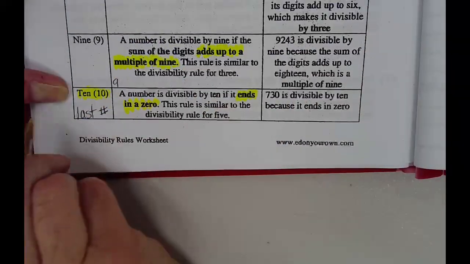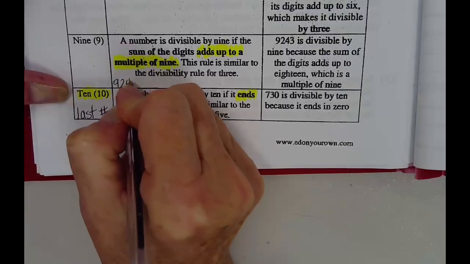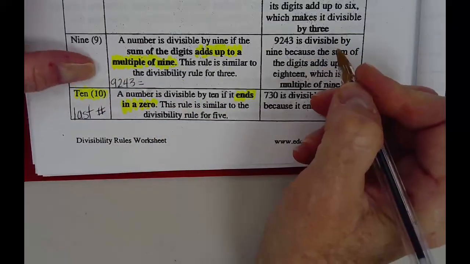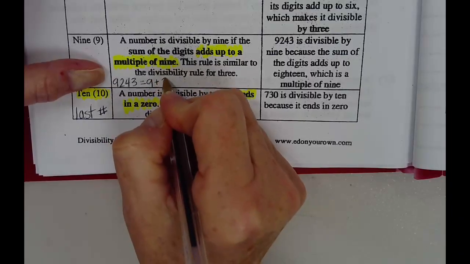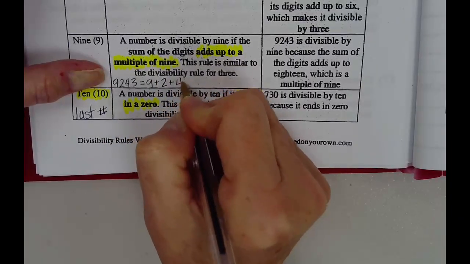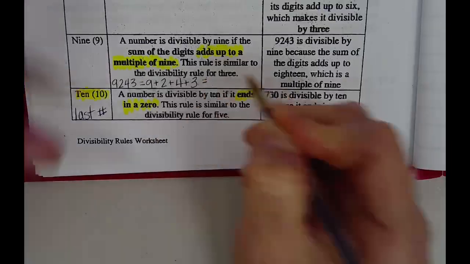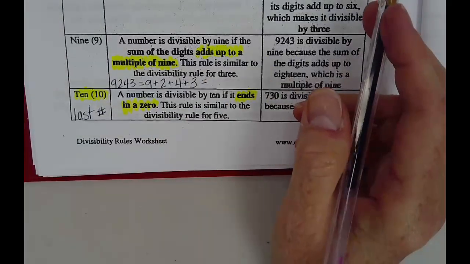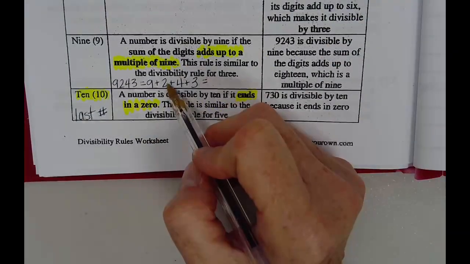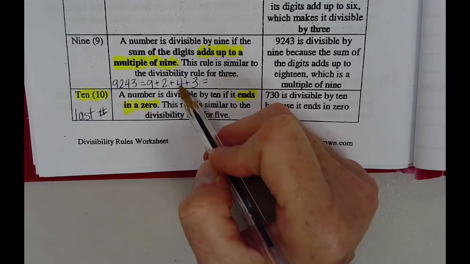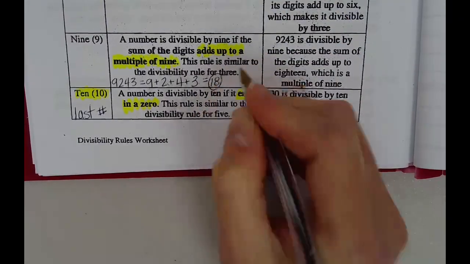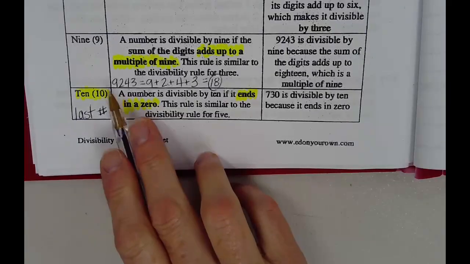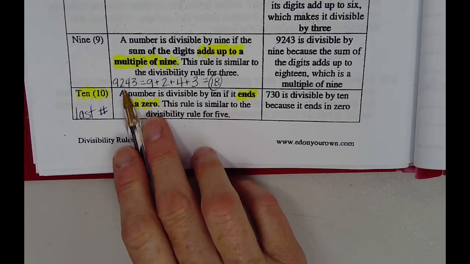If I have 9,243, what digits am I adding together? 9 plus 2 plus 4 plus 3. What's 9 plus 2? What's 11 plus 4? What's 15 plus 3? Is 18 a multiple of 9? That means 9 will go into this. London, are you writing anything down?